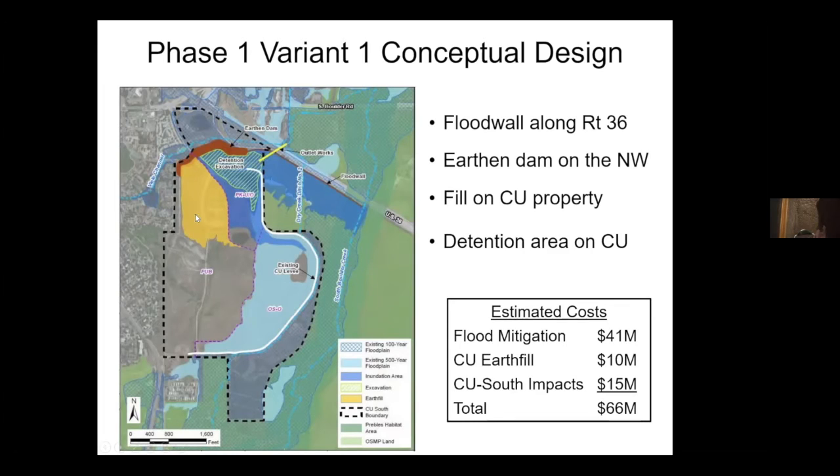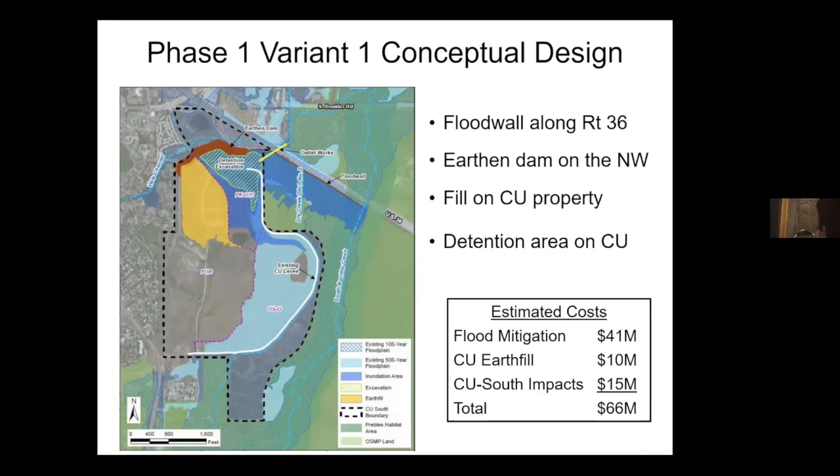That's where the tennis courts are. And so the $15 million, that bottom line, would cover the cost to replace the tennis courts and the roadways and other facilities that are there that may be damaged by this. And so it leaves us a total cost of $66 million for this conceptual design. These were 2018 numbers. They undoubtedly will go higher.